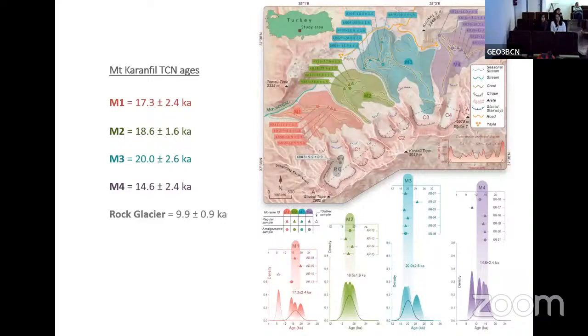And here are the ages of different systems. It's around 2018, so it's last glacial maximum, except this one. This is late glacial, but it was facing north, so the glacier stayed a little longer there.